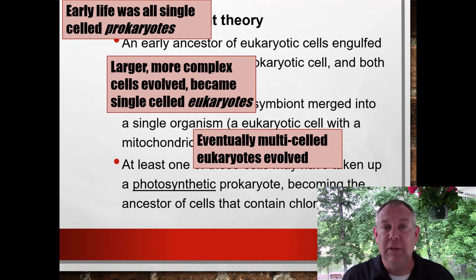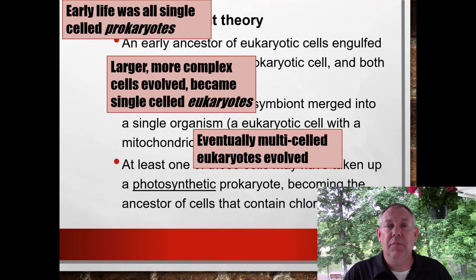The prokaryotes were around for a long time, but at some point, larger, more complex cells evolved and became single-celled eukaryotes. What allowed them to evolve was when one prokaryotic cell engulfed another one, and the symbiotic relationship between those two allowed the cells to get bigger and more complex. Over time, those cells that got engulfed became mitochondria and chloroplasts.